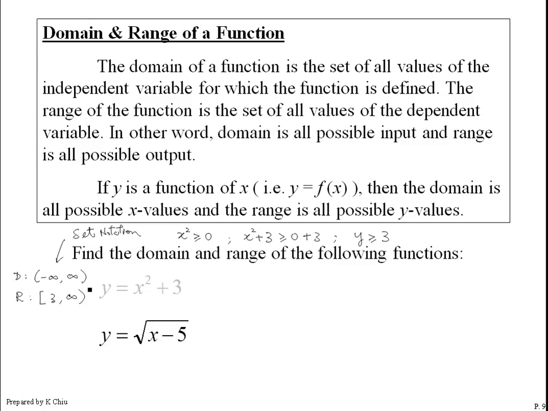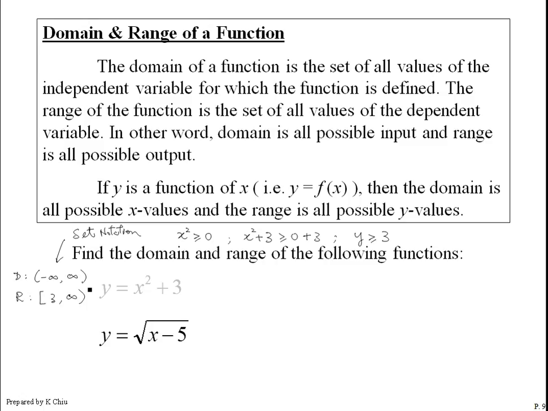You can plug in any x value, isn't it? You can plug in a positive x value, no matter how big or how small. You can plug in x equal to 0, right? And you can also plug in x equal to a negative number: -1, -2, -100, -1,000, -1 billion. So x turns out can be anything.